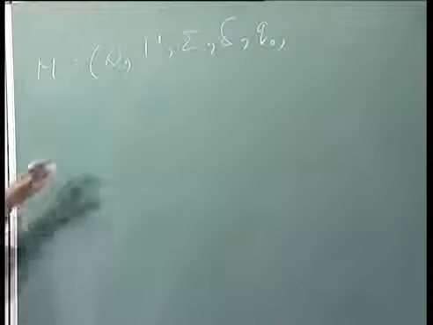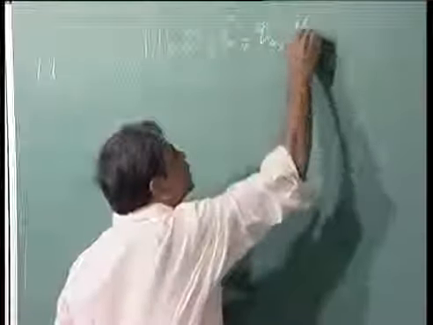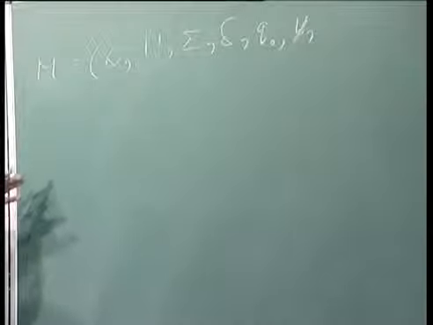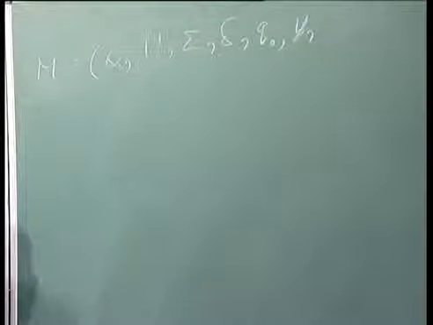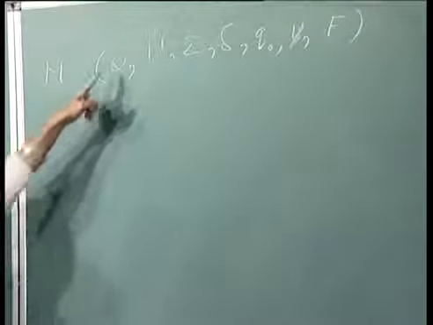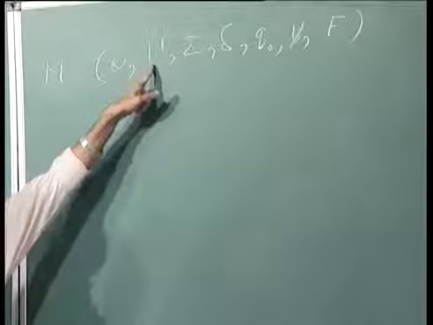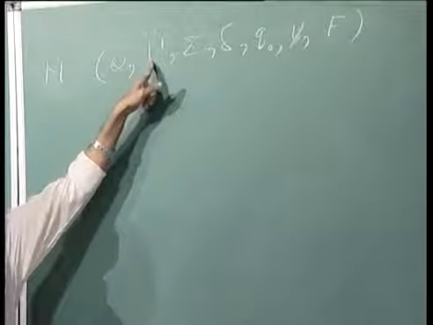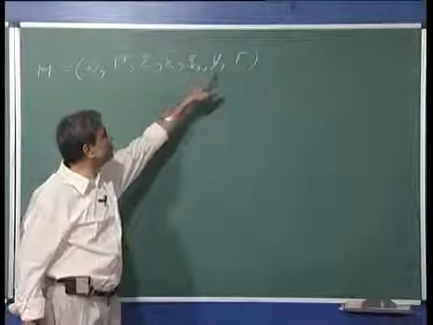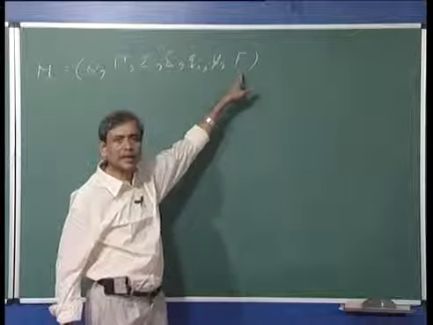There is a special blank symbol, which let us write like this, and then let us mention the final accepting states. So, once more, this is the set of states of the Turing machine, this is the tape alphabet, this is the input alphabet, this is the transition function, the initial state, the special blank symbol, and the final accepting states.